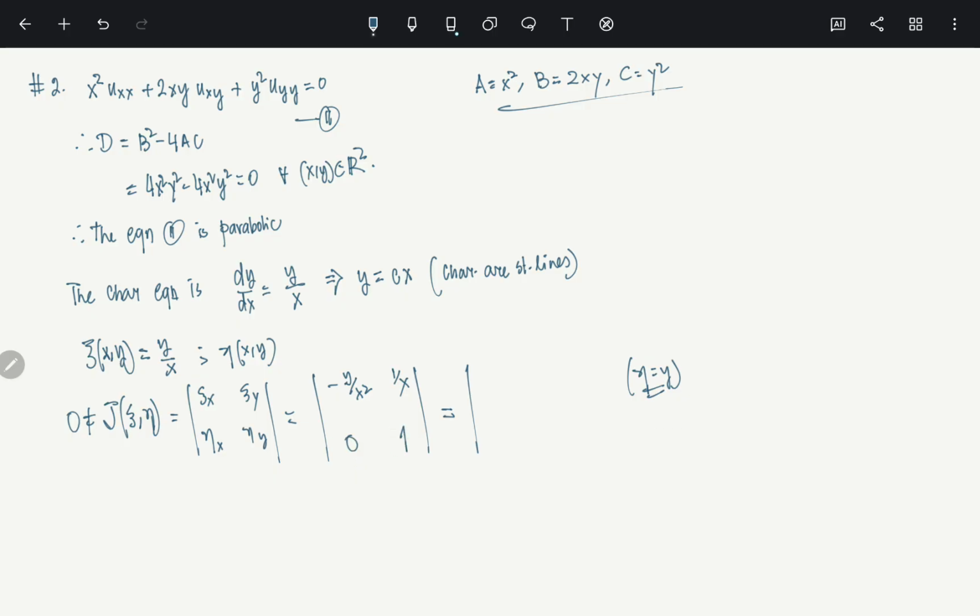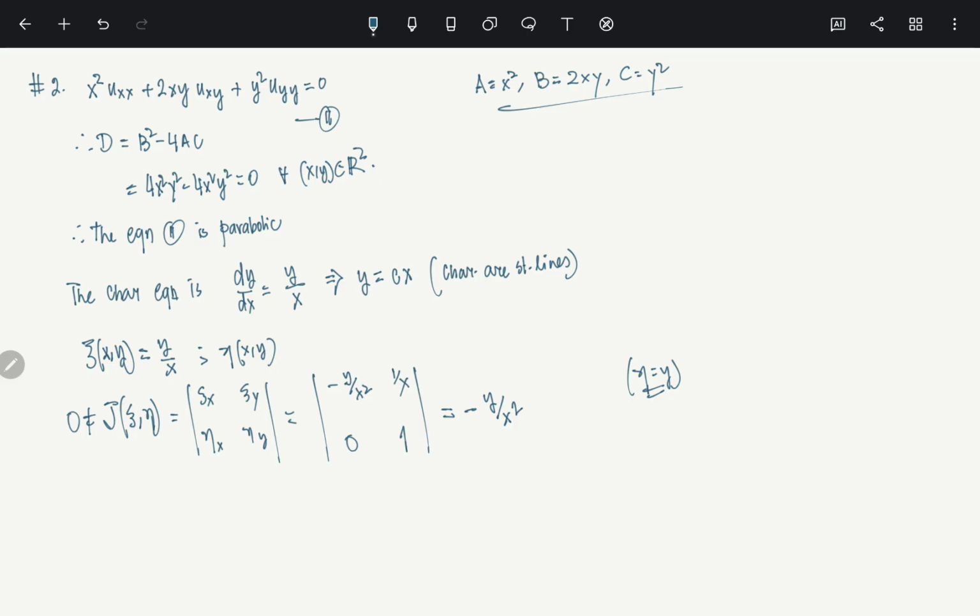So in that case, the equation becomes minus y by x square. Clear? I did some mistake somewhere. Xi x is minus y by x square, sorry, and xi y is 1 by x, eta x is 0, eta y is 1.